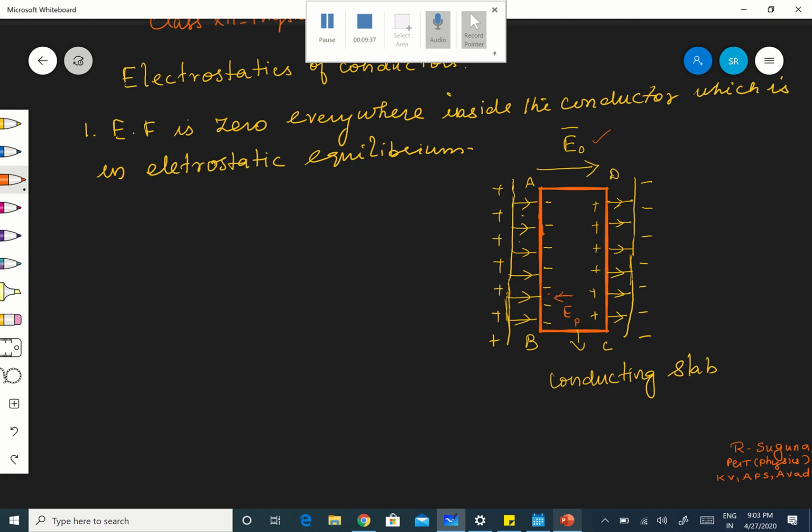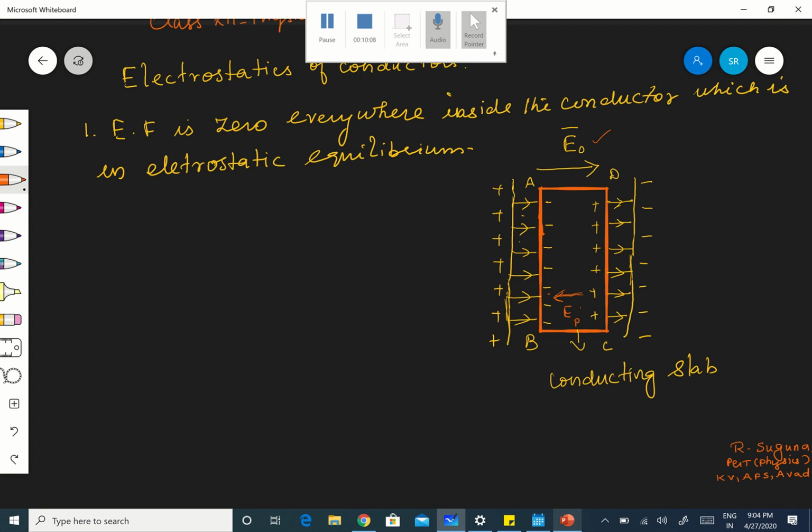Because E naught is from left to right and EP is from right to left. That is because of the electrons which come from the end CD and accumulate in AB. EP gradually increases, and at one point the electric field EP inside will be equal and opposite to E naught.